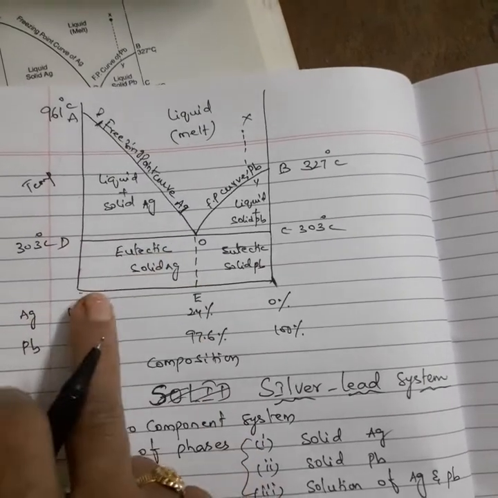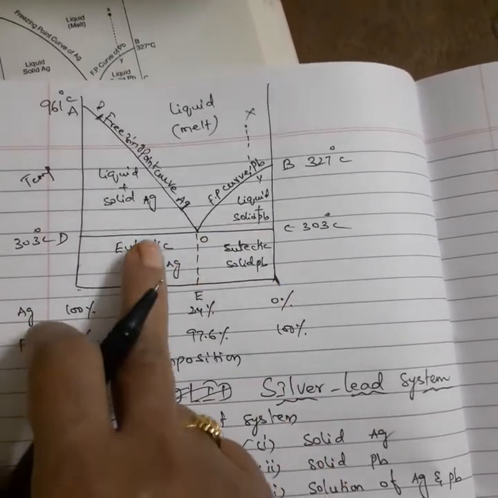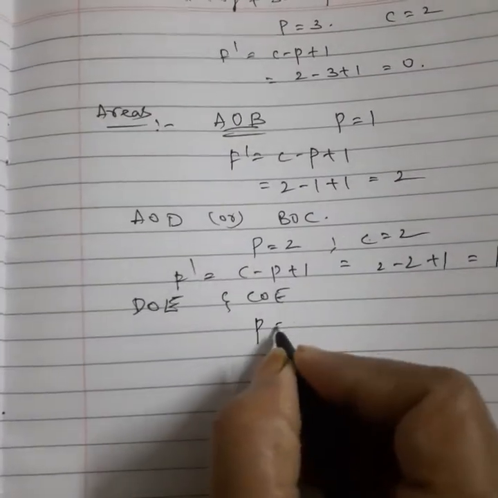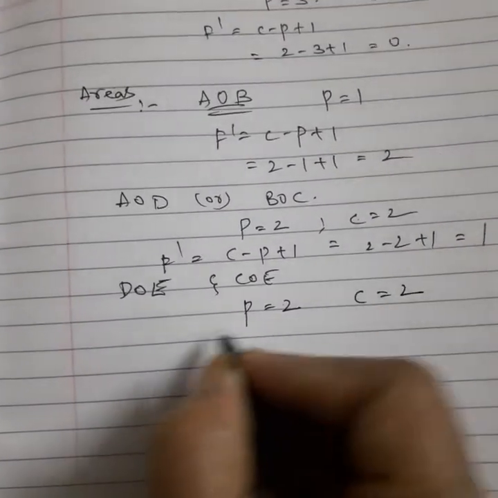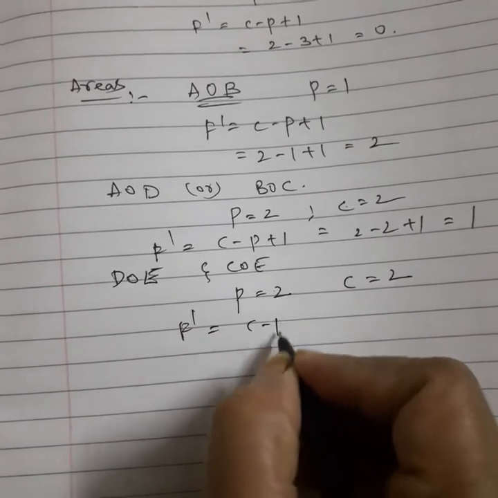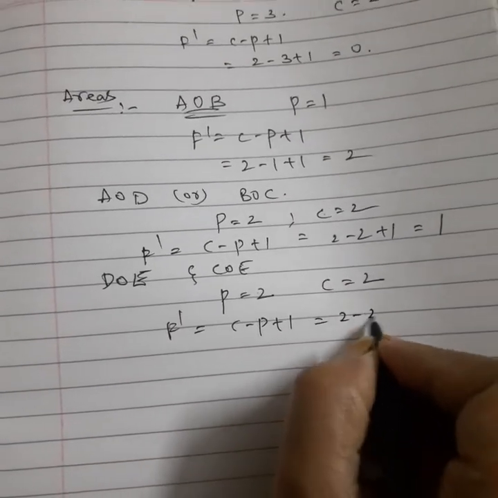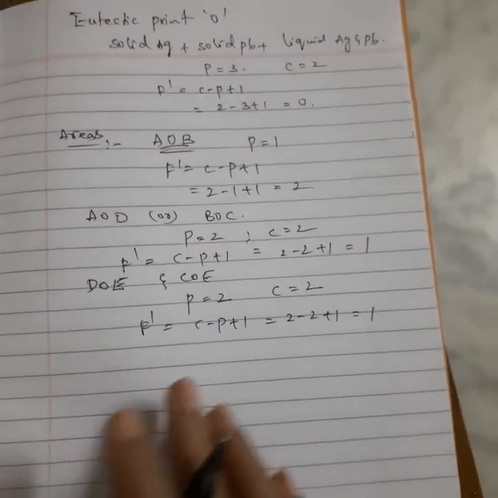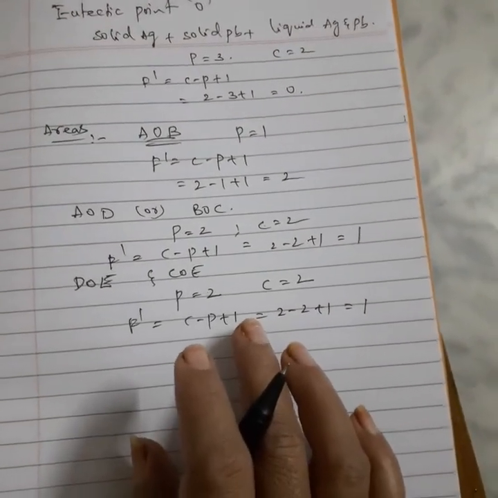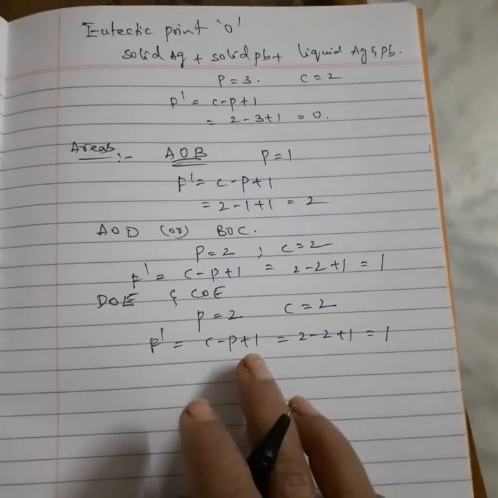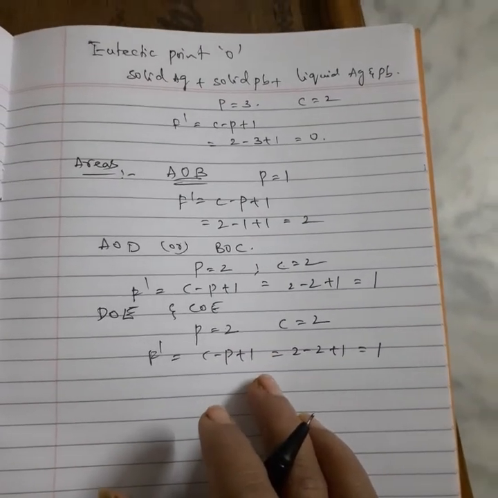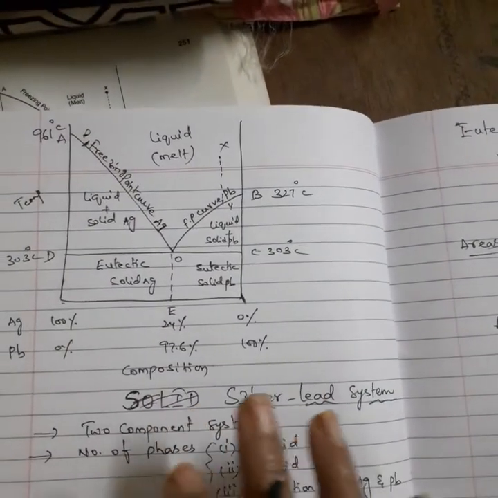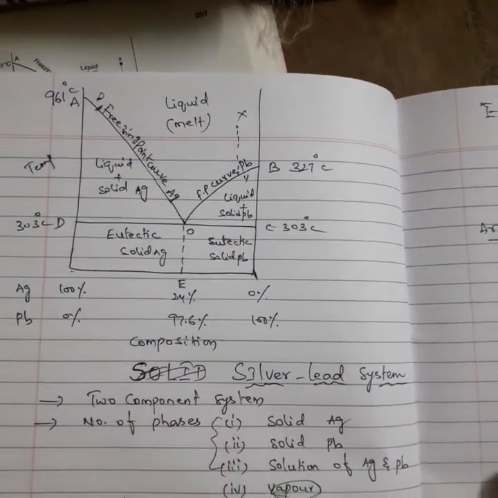So either in DOE or COE, two phases exist in equilibrium. So the number of phases is 2, components is 2. Automatically F dash is equal to C minus P plus 1, that is 2 minus 2 plus 1, that is 1. Univariant. Okay. So this is about the regions and curves. So this tells about the diagram of this silver lead system.